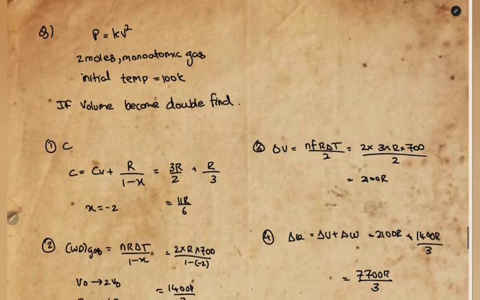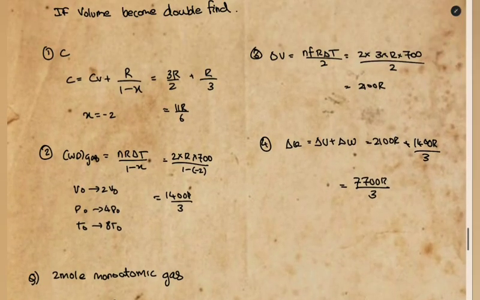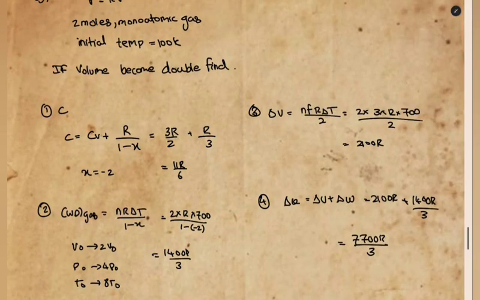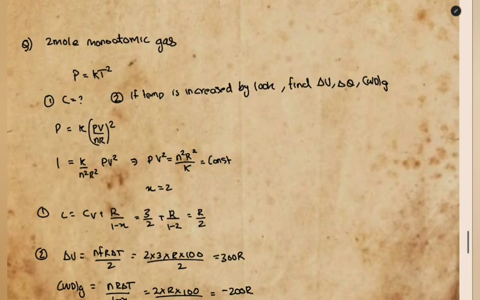Just apply the formula C is equal to Cv plus R by 1 minus x. We know the Cv value, we know the x value, which comes out to be -2. We know the work done formula, which is directly given as nR delta T by 1 minus x. And nR delta T by 2 is the formula of change in internal energy; you can also use that formula. And delta Q, I think this is an easy question.